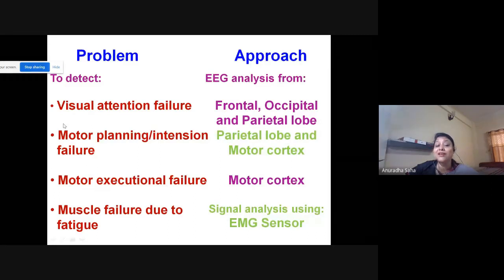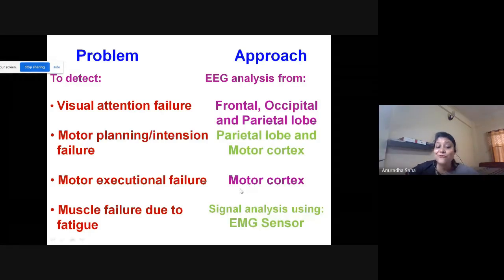When we need to identify whether the driver is going through some kind of motor planning failure or motor intention failure, then we can extract the EEG signals from the parietal lobe and motor cortex, because we need to plan and we need to perform those things. Similarly, whenever we want to find out whether the person has any kind of motor execution failure, we can extract the EEG signals from the motor cortex.